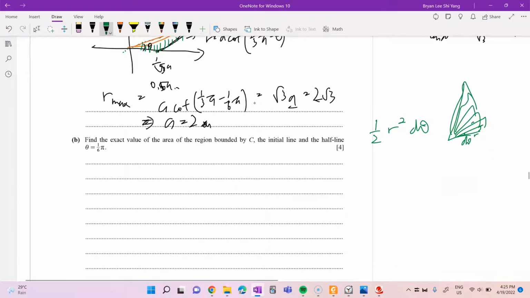Okay, give me a minute. We need to integrate.